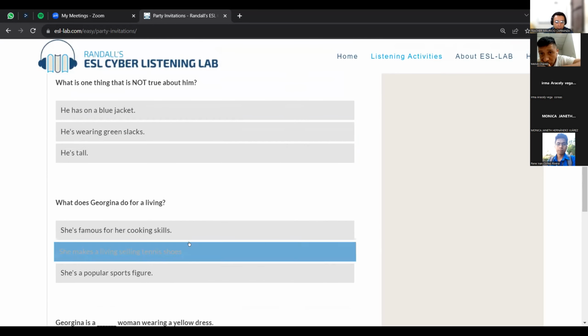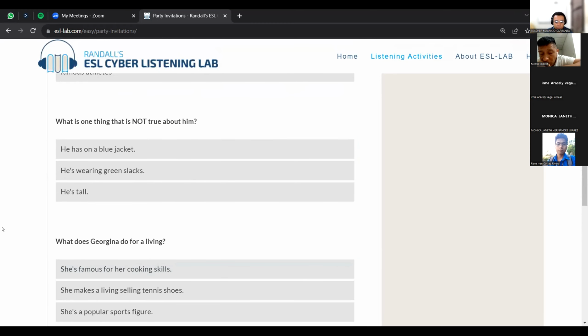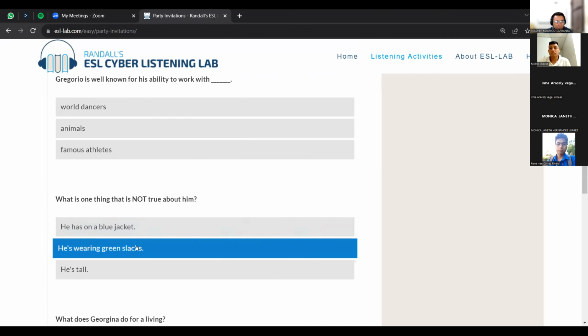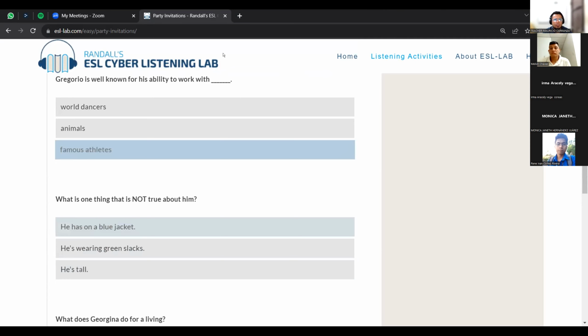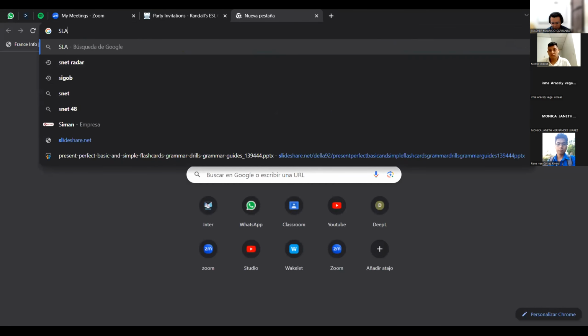So we will check the audio, right? We're gonna listen to it, and then we are going to choose the correct answer. If you have a doubt, well, what is a slack? It's like pantalones flojos. That is basically what slacks means, right? Eso que ocupan como para bailar. Those are green slacks.